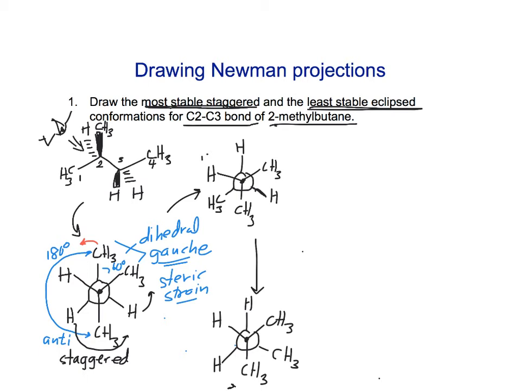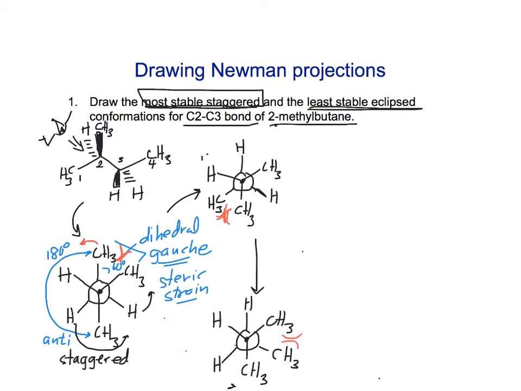So what we need to do is look at these three structures and determine which one is going to be the most stable. All right, so what we need to look at there is the different steric strain interactions. So here we have this gauche interaction creates steric strain. Let's look at the structure on the upper right. Well, here's two methyl groups together, so that's another gauche interaction creating steric strain. And what about the one on the bottom?